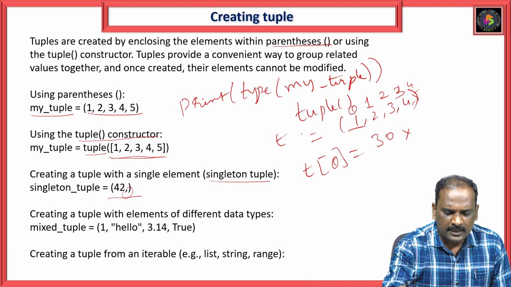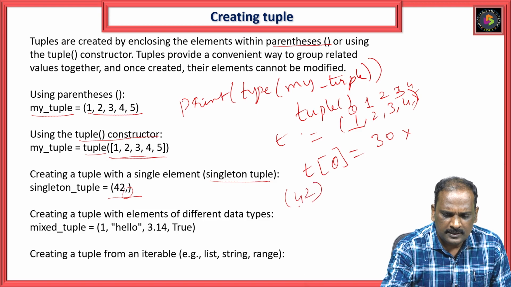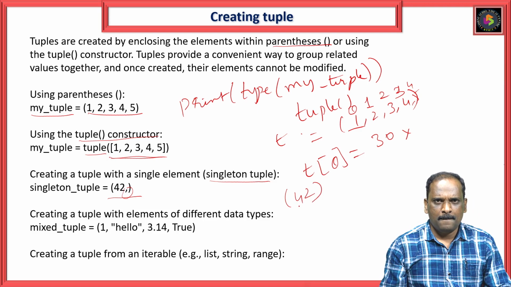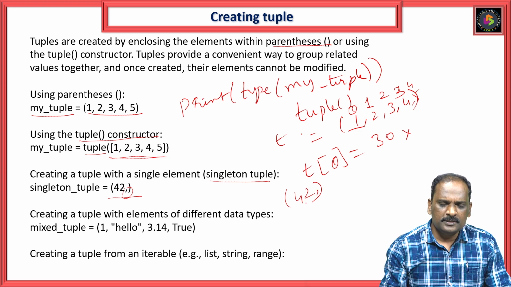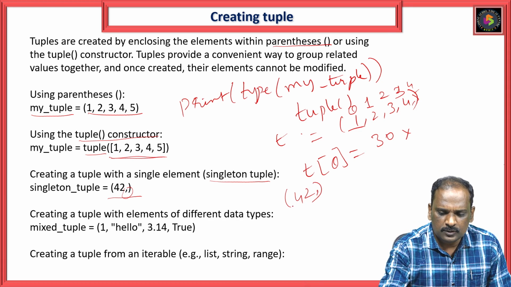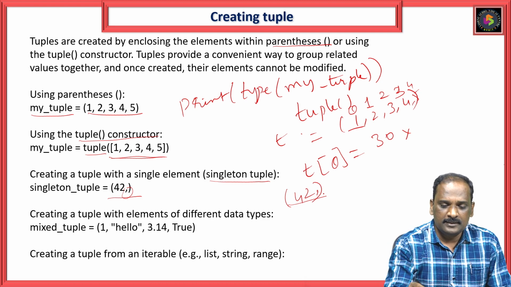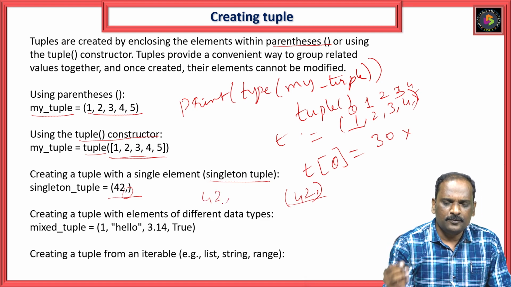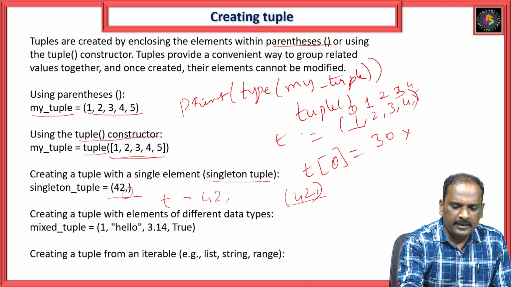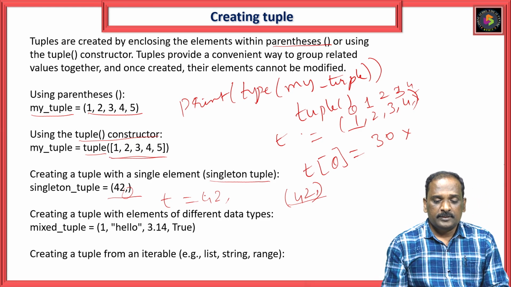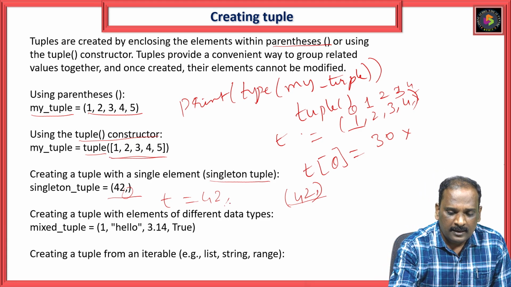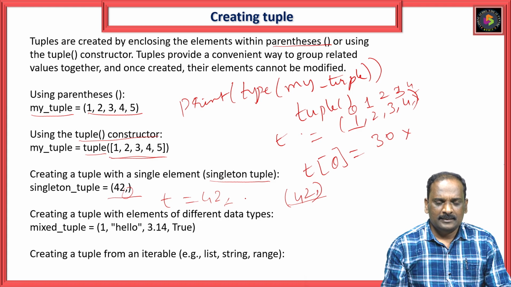If you write just 42, it will not be considered a tuple. For a single element, we have to compulsorily use a comma. You can either write 42 comma inside the parentheses or directly write T is equal to 42 comma. So a singleton tuple is created by appending a comma at the end.